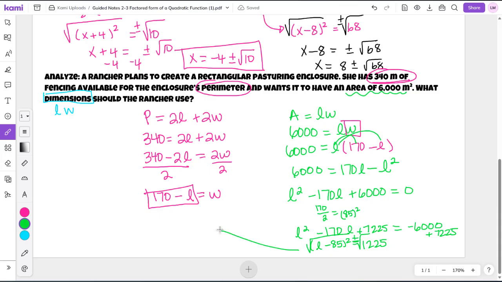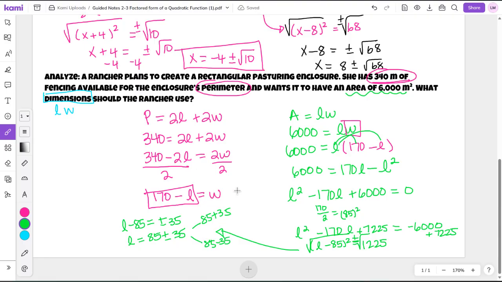So I have L minus 85 equals plus or minus 35. So L equals 85 plus or minus 35. So 85 plus 35, 85 minus 35.